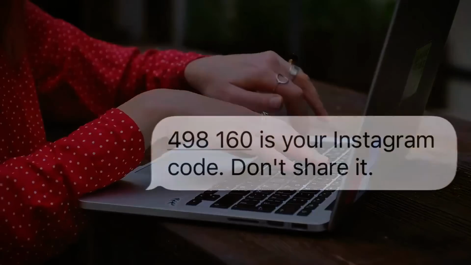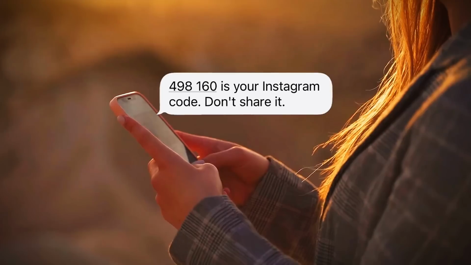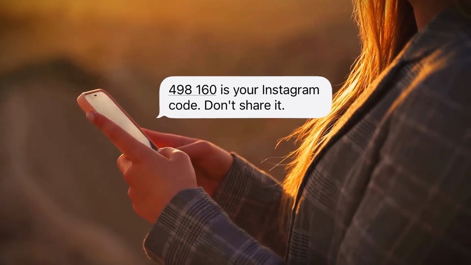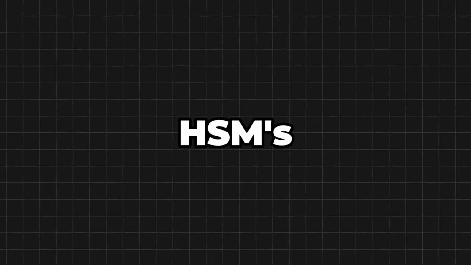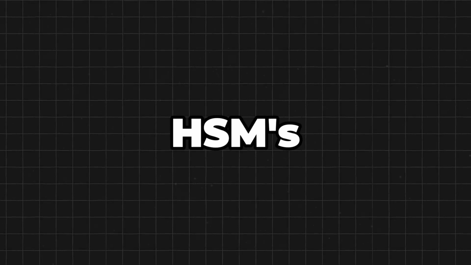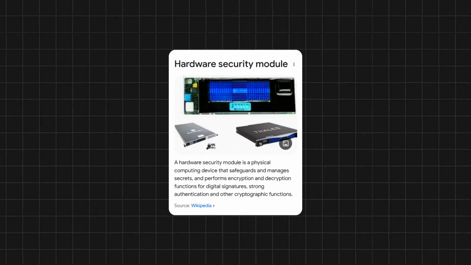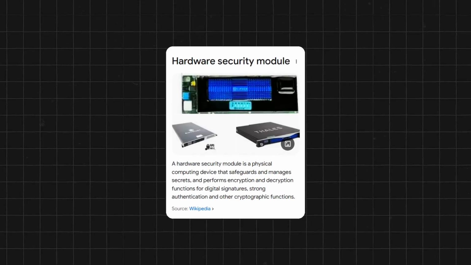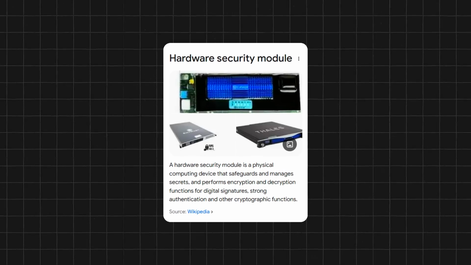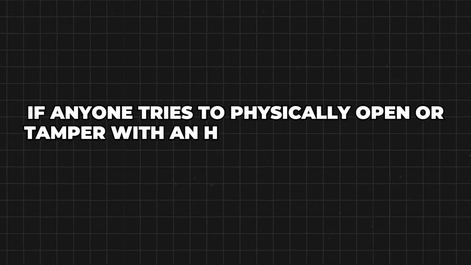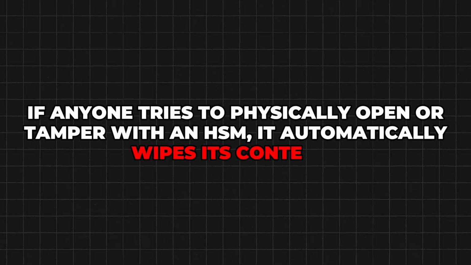To handle billions of daily verifications, Google employs a network of specialized hardware security modules, or HSMs, spread across data centers worldwide. These aren't just regular servers. They're tamper-resistant physical devices with their own processors, memory, and encrypted storage. If anyone tries to physically open or tamper with an HSM, it automatically wipes its contents.